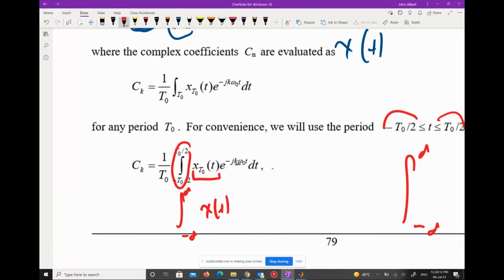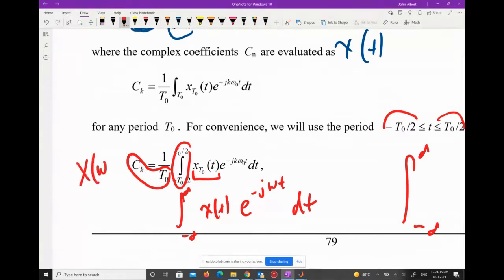And e to the power of jk omega 0 t becomes e to the power of minus j omega t dt. And the last part is this quantity here, T0 multiplied by ck. T0 multiplied by ck, I can rename as capital X of omega.